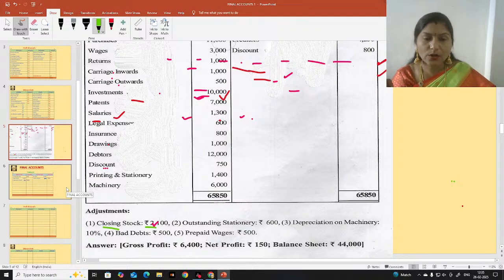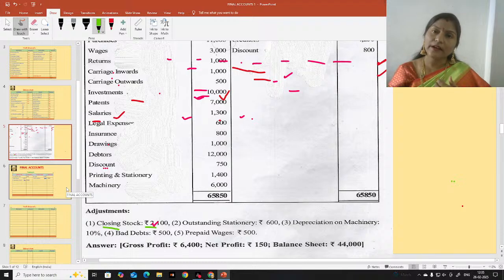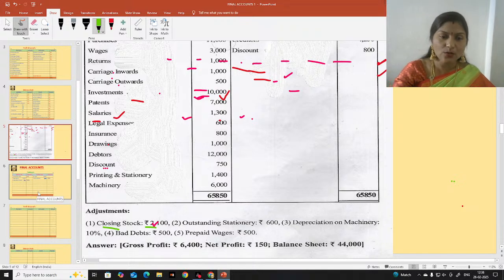Whenever closing stock is given in adjustments, you should record it two times. One time in the trading account credit side, and the second time in the balance sheet on the asset side, because closing stock is an asset. Let us go and record that.